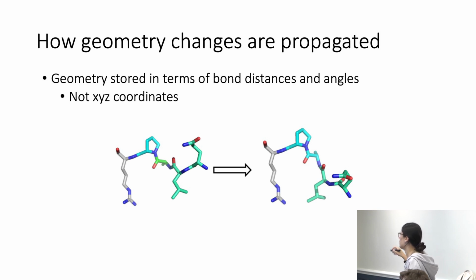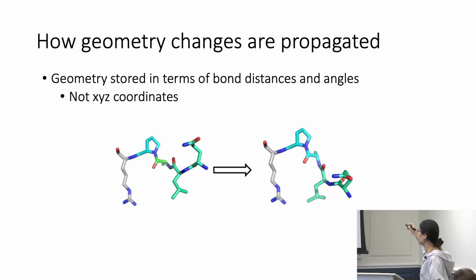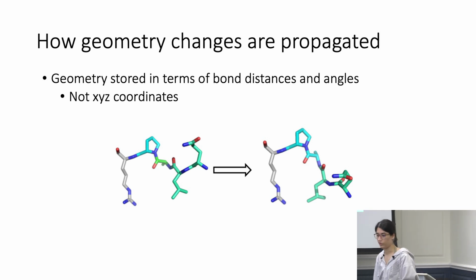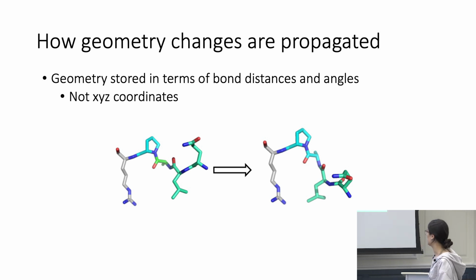So you're making perturbations at the level of either XYZ or bond distances and angles, but these changes come together and are stored in terms of those lengths, and also either the torsion or dihedral angles or the planar angles. And that is how you would be able to keep track of all these changes down the line.